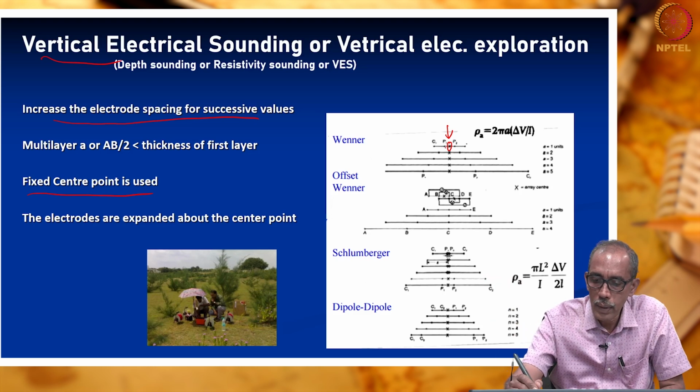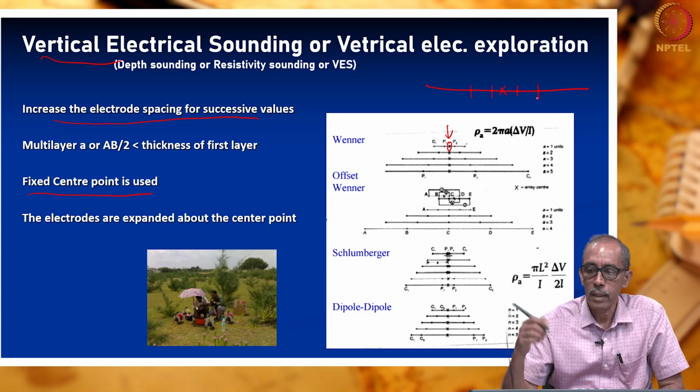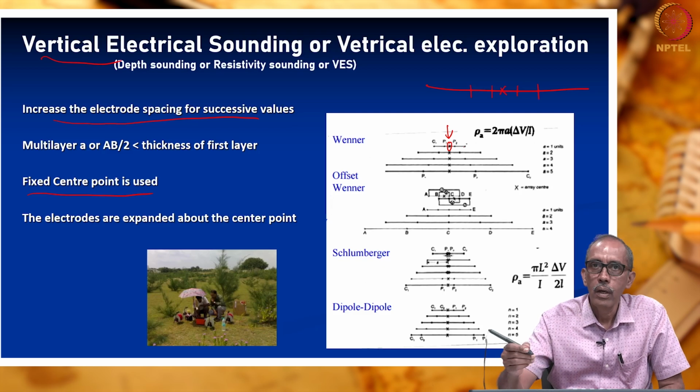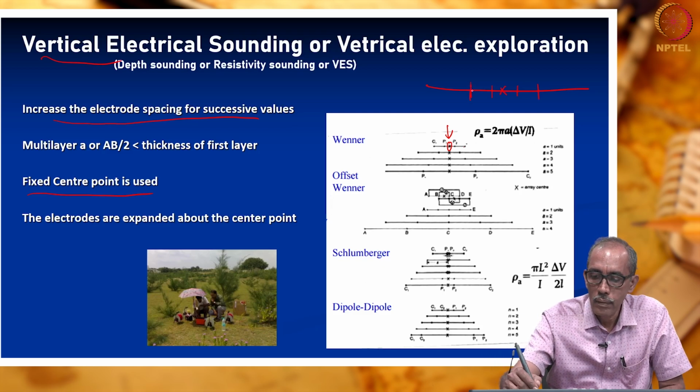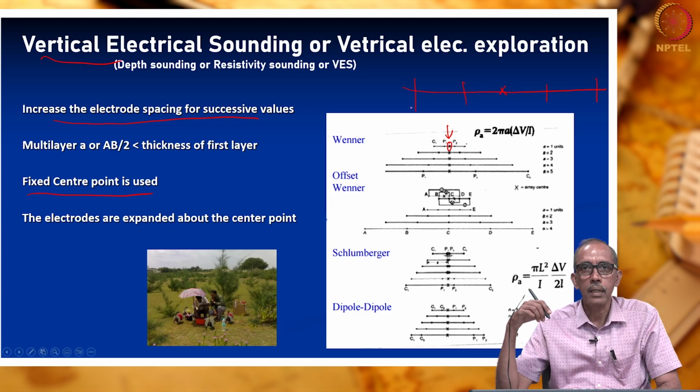Initially, we keep them at this distance, then at the same station we increase. Imagine we are doing it by the Wenner method. This is the first arrangement. A is 1 meter. We completed. Now, I am just erasing that. Now, we are increasing the electrode spacing like this. Next measurement.